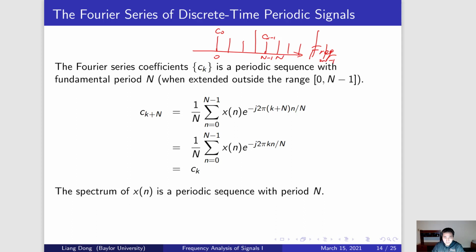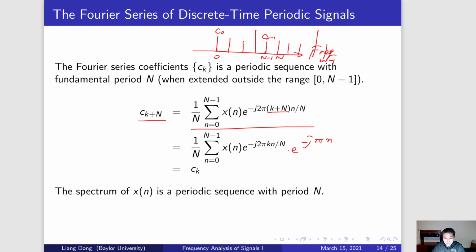To prove that mathematically, if we are writing a coefficient c sub k plus n using the analysis equation, everything is the same except we plug in k plus n instead of k. Therefore, the 1 over N cancels out. We have another term, e to the negative j 2 pi n, capital N cancelled out.